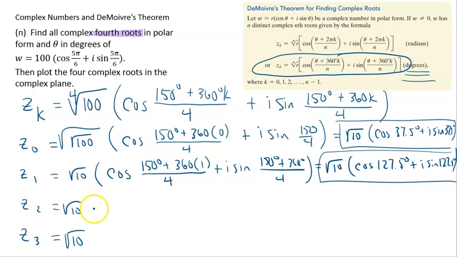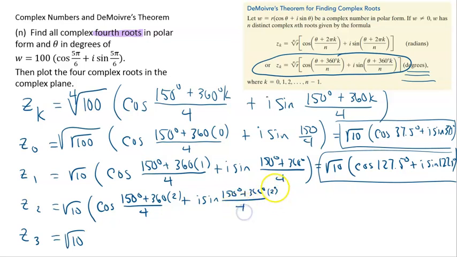Let's find the third root, which is called Z2. So that's going to be, I put in equals. There's not an equals there. There's a parentheses and a cosine. I'm going to try to write a little bit smaller. This is cosine of 150 degrees plus 360 times 2 divided by 4 plus I times the sine of the same angle. 150 degrees plus 360 degrees times 2 divided by 4. That's going to give me the square root of 10 times the cosine. Now here I go.